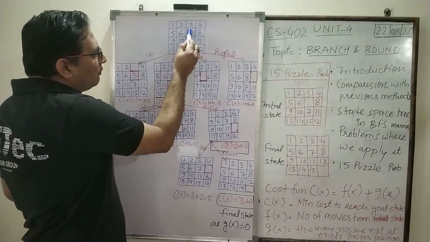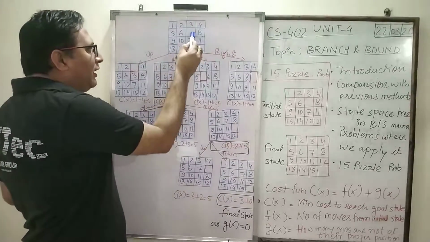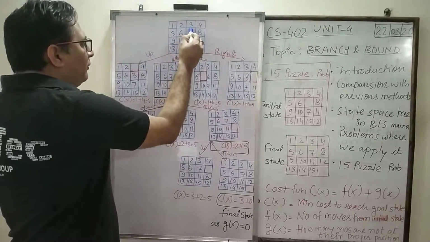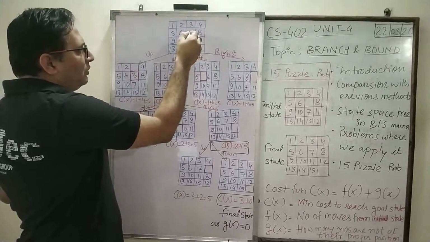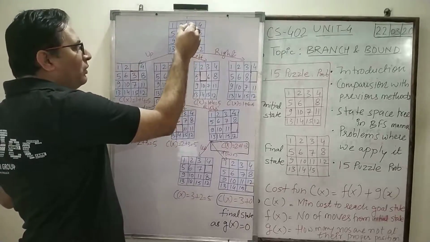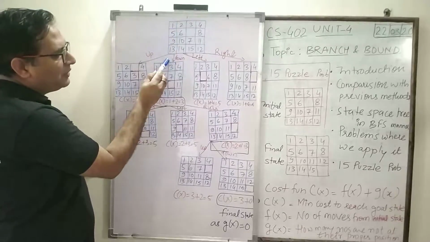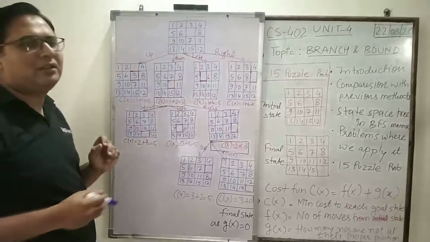The movement of the blank square gives the direction. Like if I take 3 as down, this blank square will move upwards; this I have considered as up. In a similar way we will consider down, left and right.